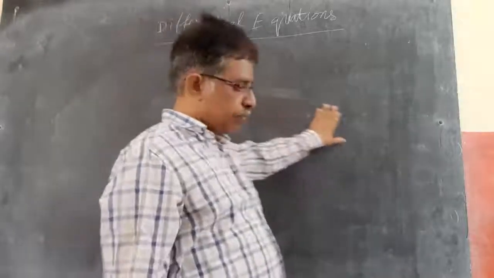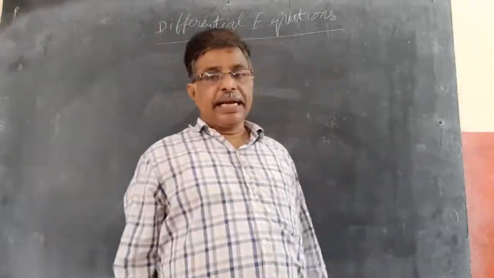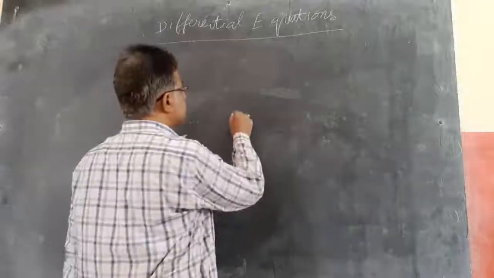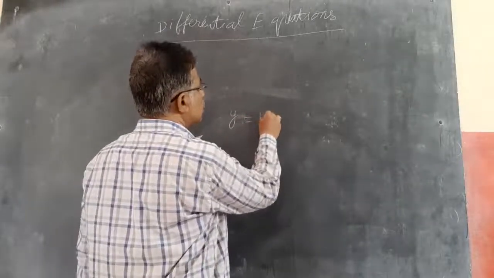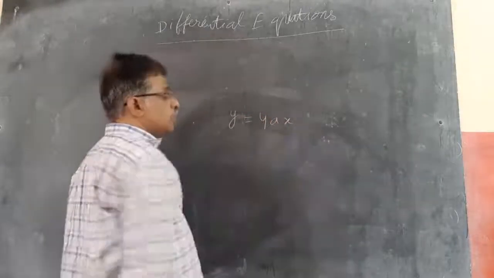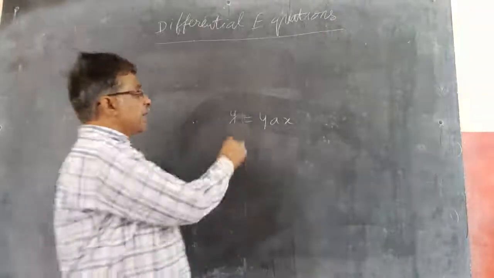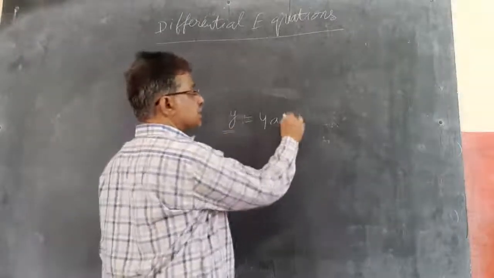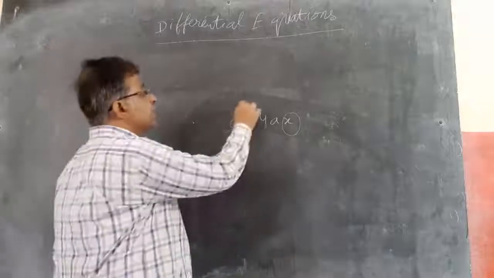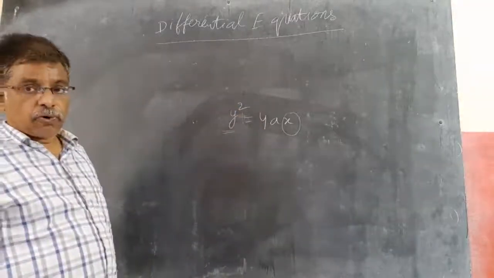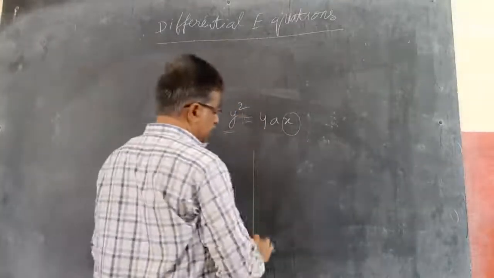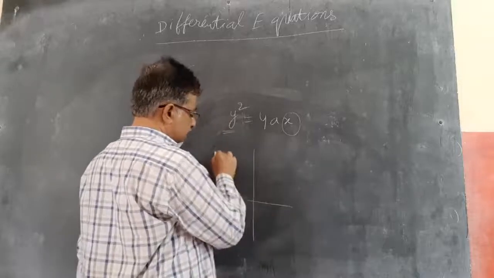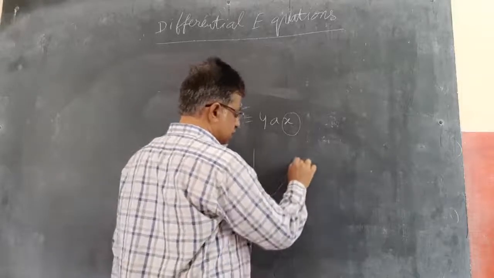So what is meant by dependent and independent variables? For example, if I am saying y is equal to 4ax, here y depends on x. Y square equal to 4ax, if I am saying, so if you draw the graph, whenever x changes, y value automatically changes.